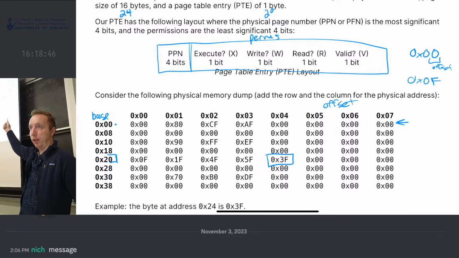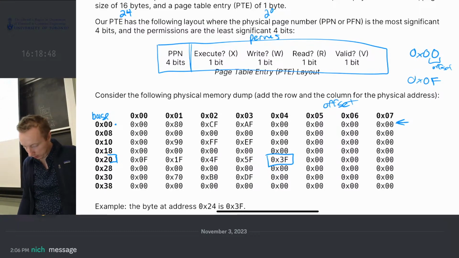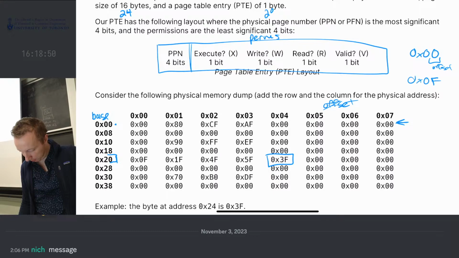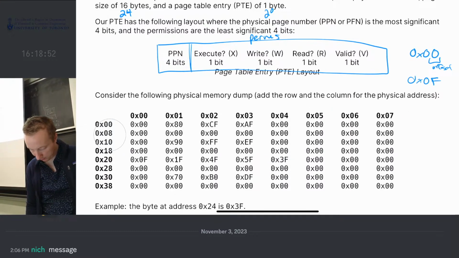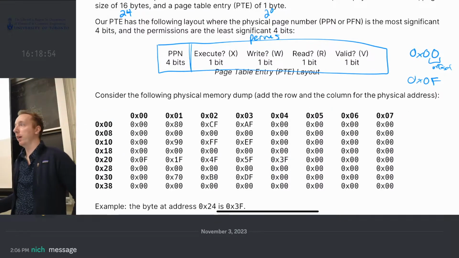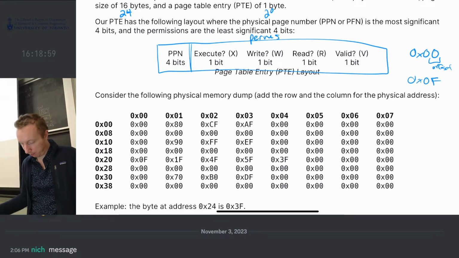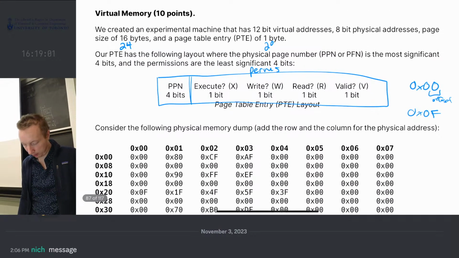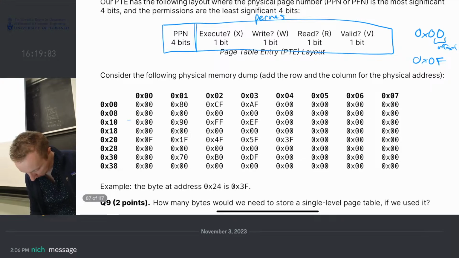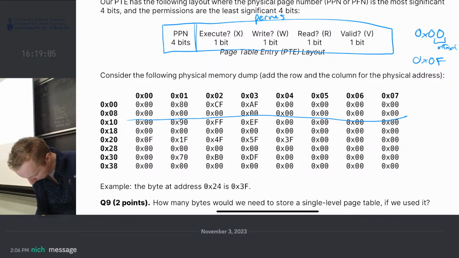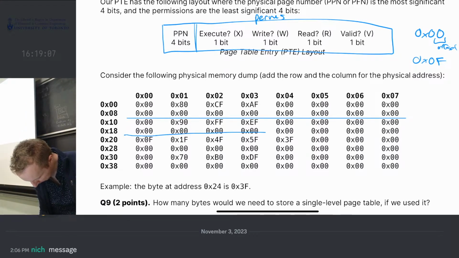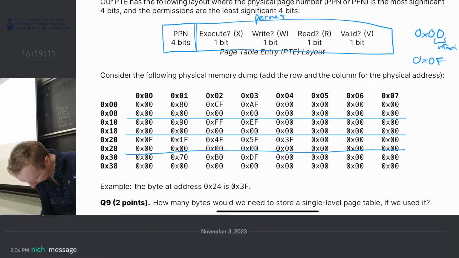Which would be 16. Another easier thing to do might be to take this memory, and everything will be page aligned, so I'll just divide it into pages. Since my page size is 16 bytes, I can just divide it into groups of 16 bytes. So something like this.